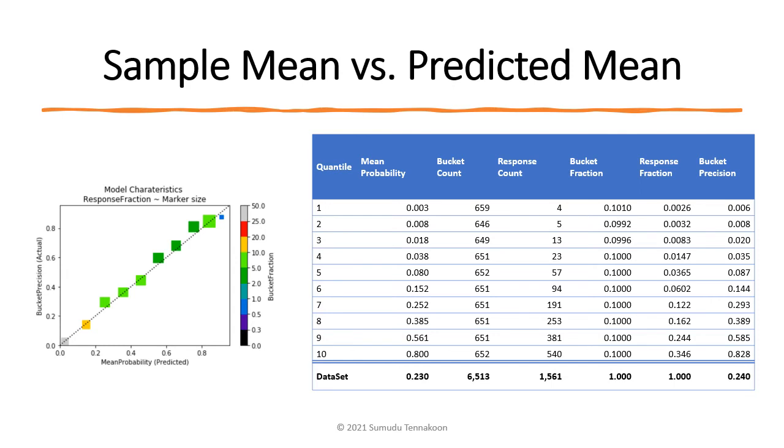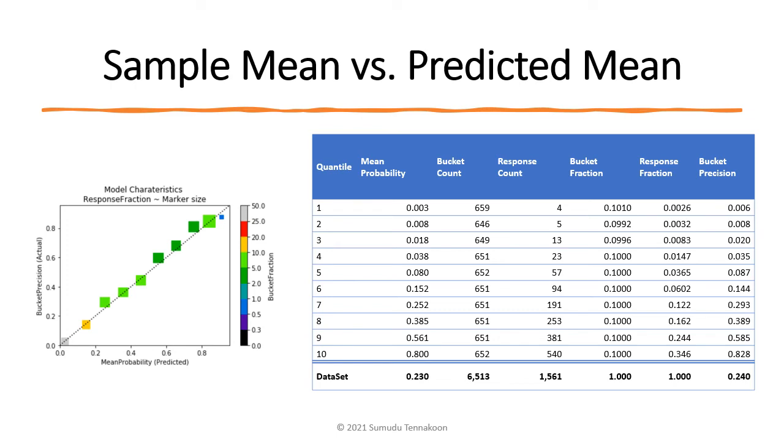Since we have lower probabilities in the first quantile, the mean probability of the 659 rows will be very low, 0.003. Similarly, for the last row, quantile number 10, the mean probability is 0.8, because we chose the highest probability rows in the test data set as quantile 10, right?